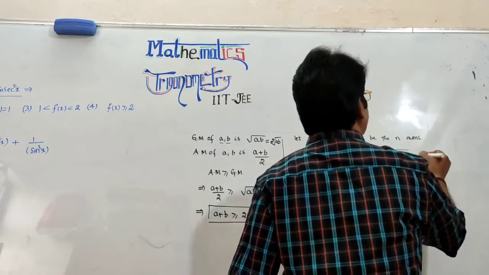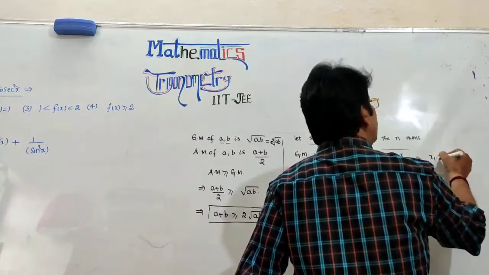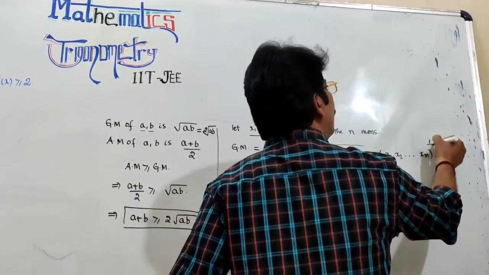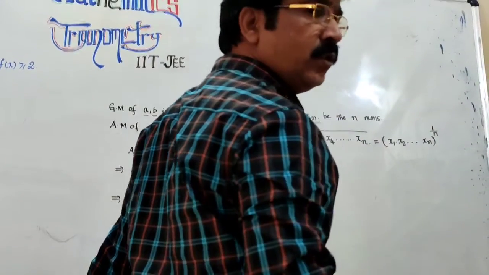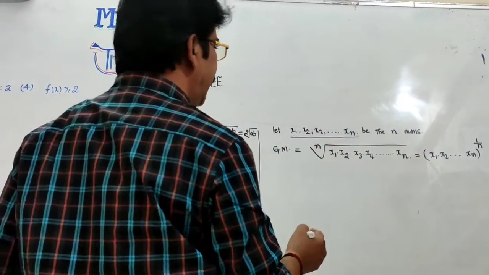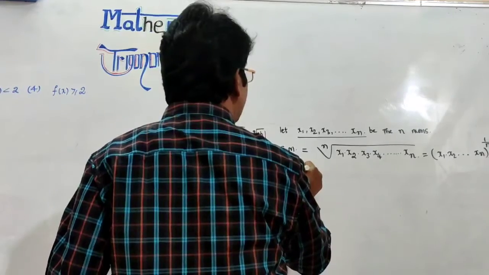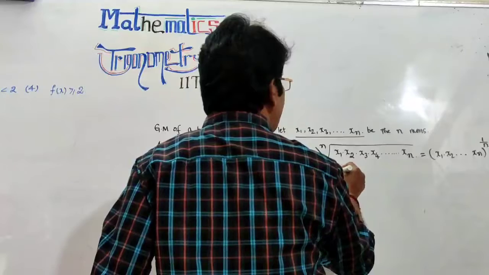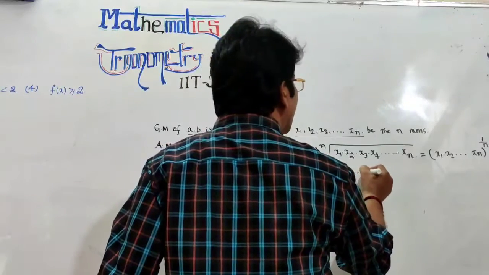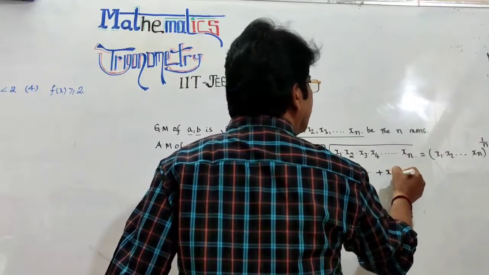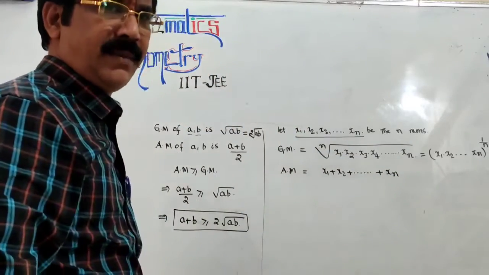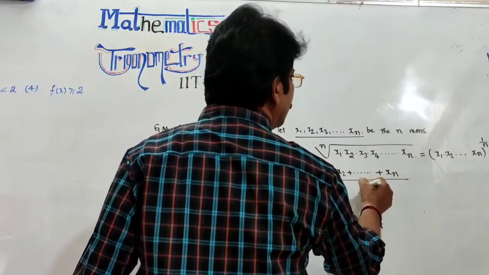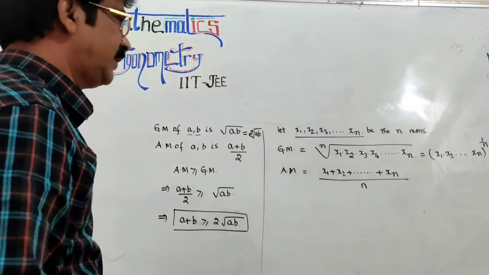Of course, it can be written as x1 into x2 into and so on xn whole power 1 by n. It is called the nth root, right? Arithmetic mean, what is arithmetic mean? Sum of all n objects or elements or things. It is the sum of all given n elements divided by how many elements there are, n, total n. So it is the number of elements.